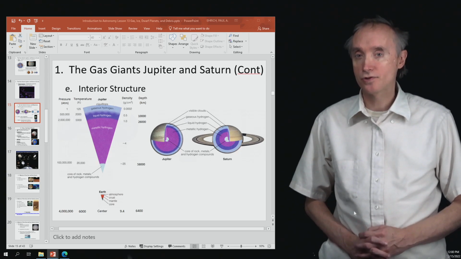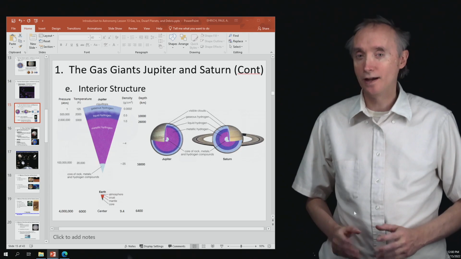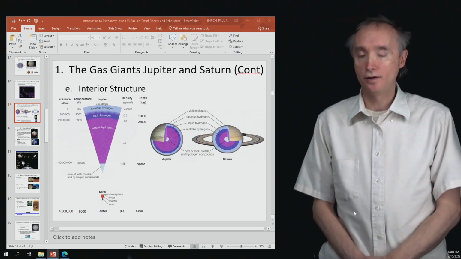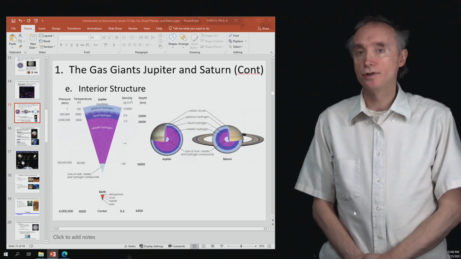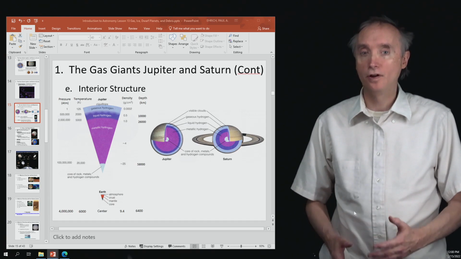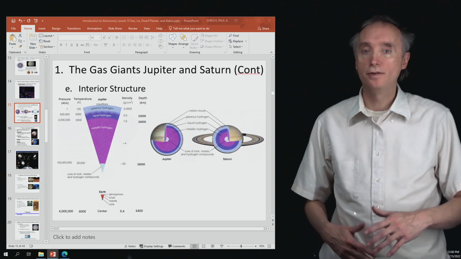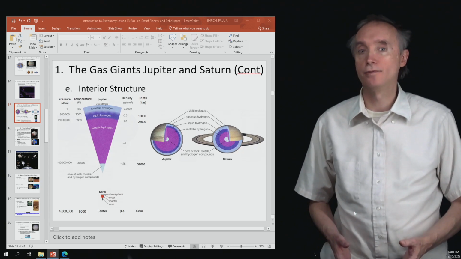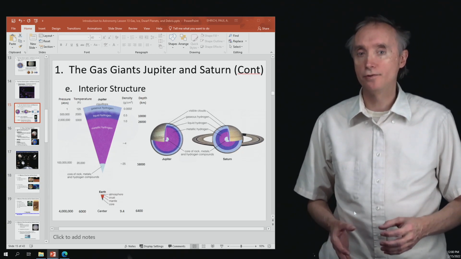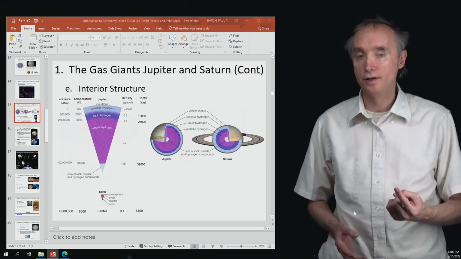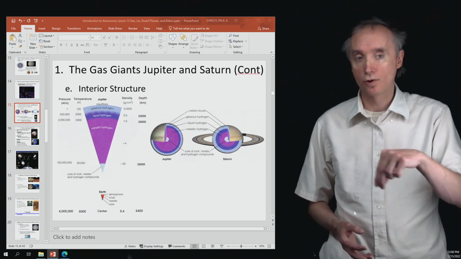It means that the pressure is so great that the electrons come off of the hydrogen atoms and are able to basically flow through the ionized hydrogen. Hydrogen consists of one proton, with one electron in orbit around it.